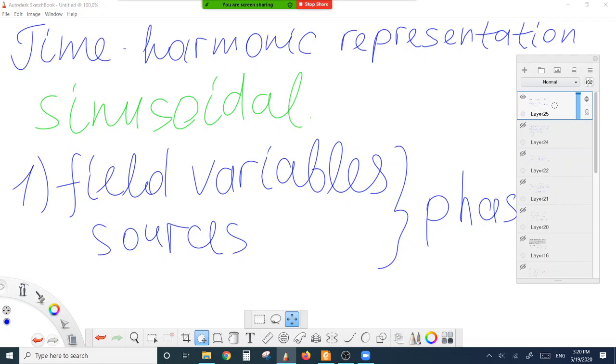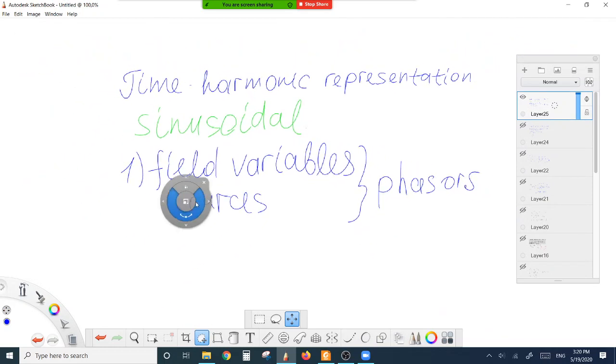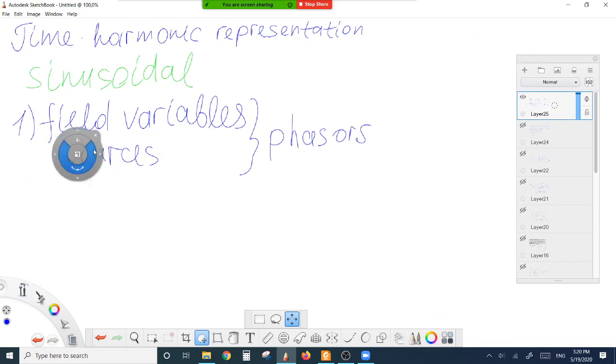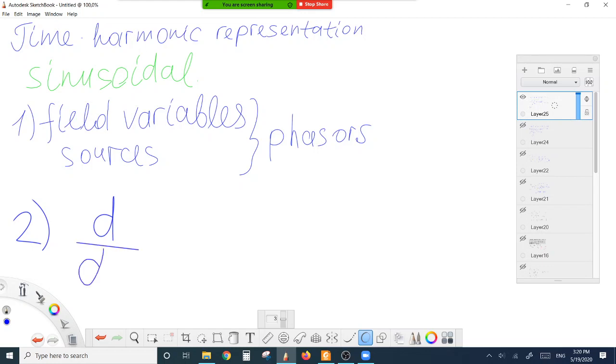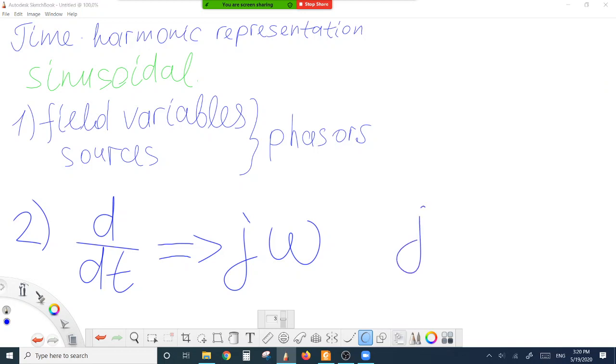And second, the time derivative operator, which is d over dt, can be replaced by j omega, where j is a complex number which is equal to the square root of -1.